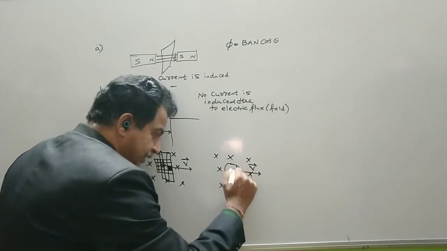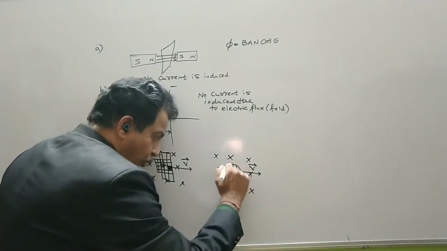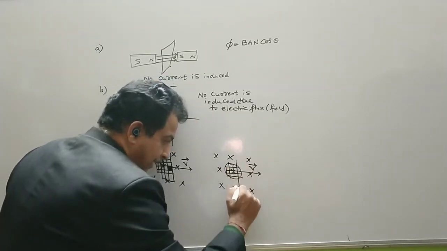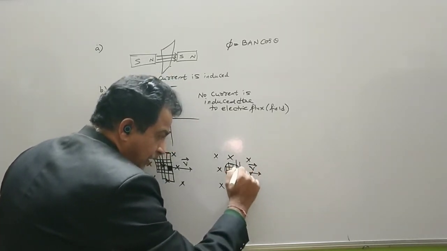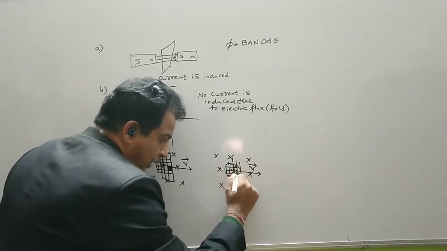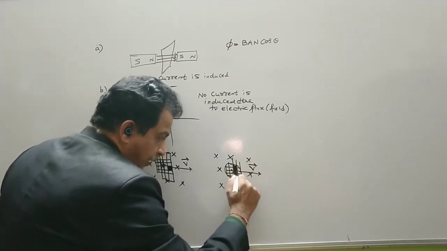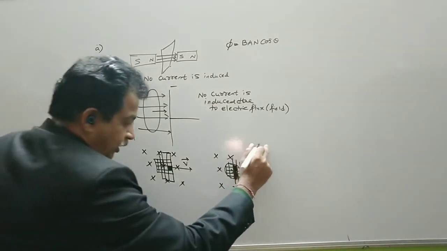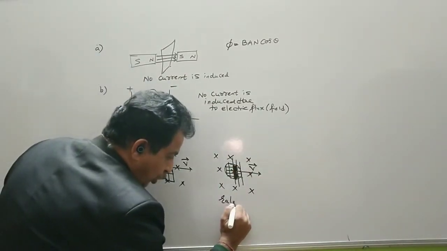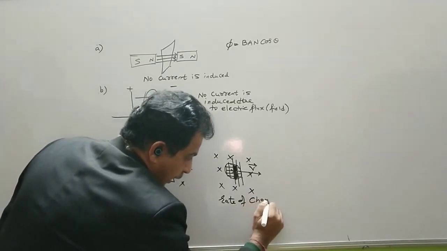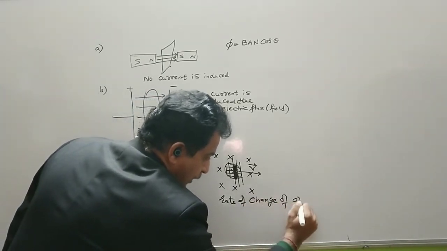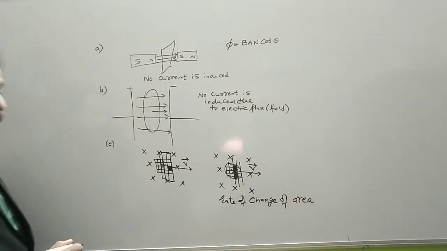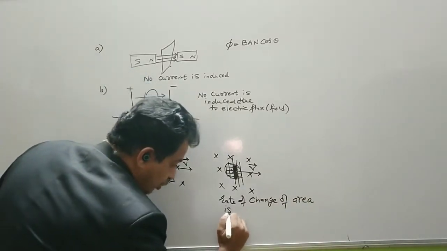But if I divide this circle into small elements, you can clearly see that the area of this element will not be equal to the area of this element. So the rate of change of area, that is dA by dt, is not the same.